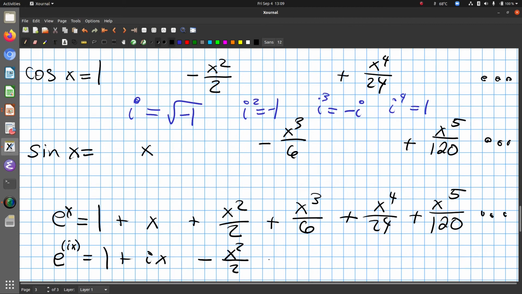The next one is negative i times x cubed over 6, because i cubed is negative i. i to the 4th is 1, okay, so that's unchanged. What about i to the 5th? Well, the pattern restarts. So he said, let's try that.